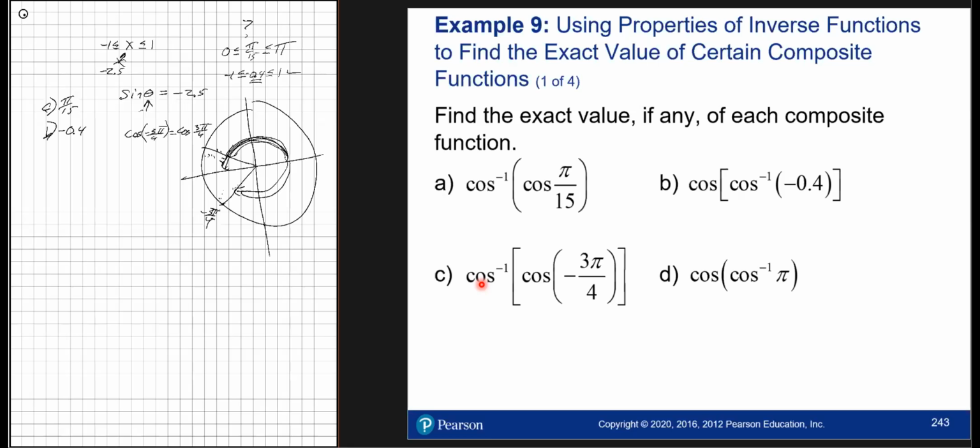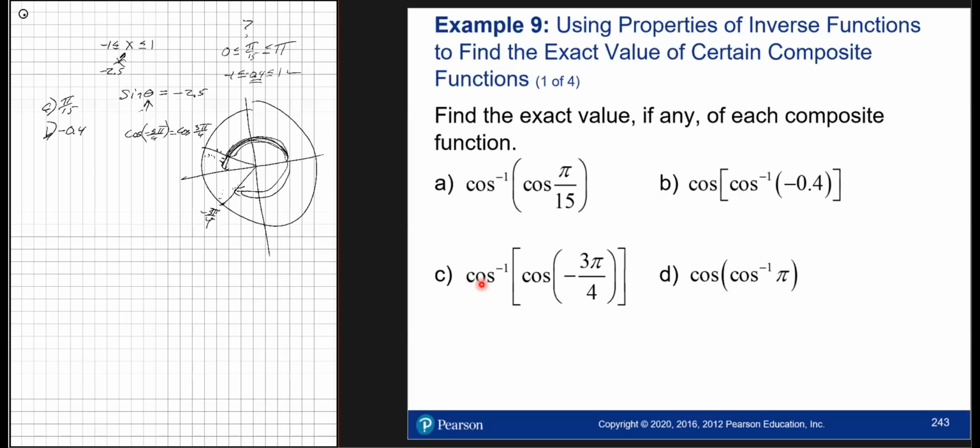With secant, the angles are from 0 to pi, just like with cosine. With secant and cosecant, the x value has to be outside of 1 and -1.